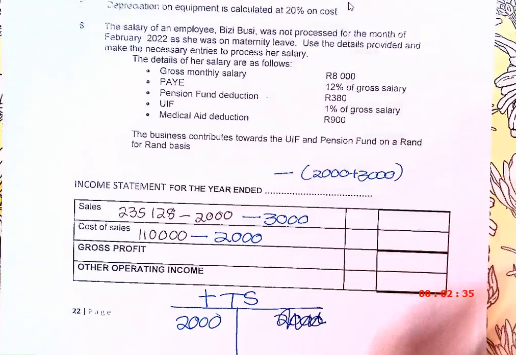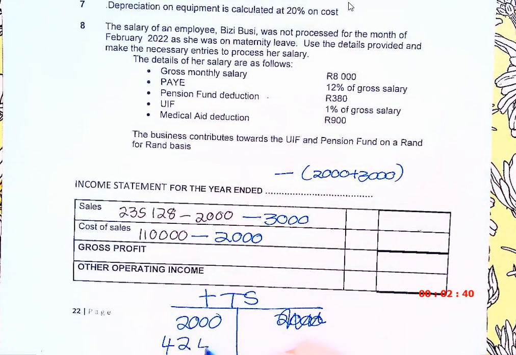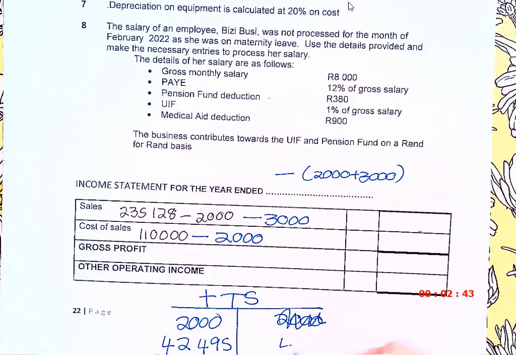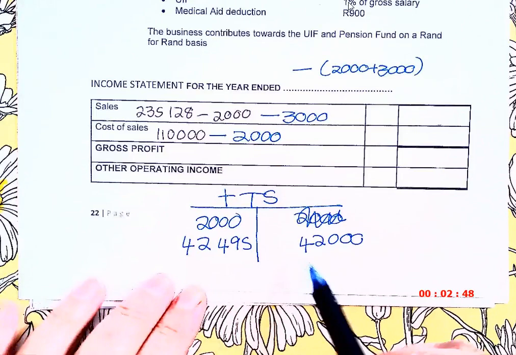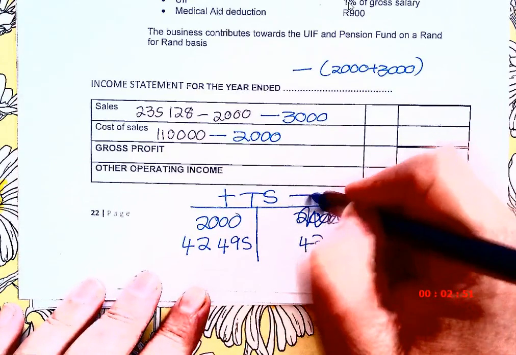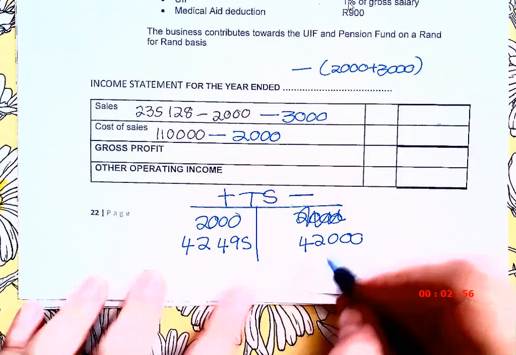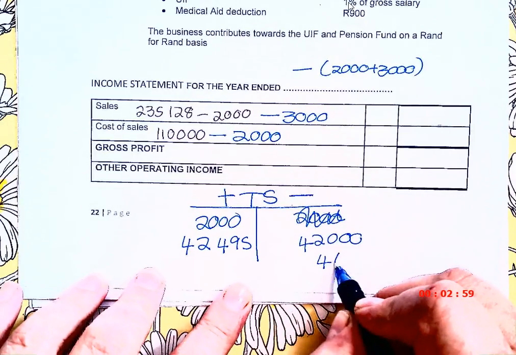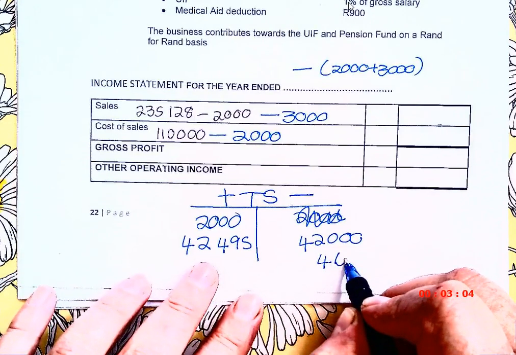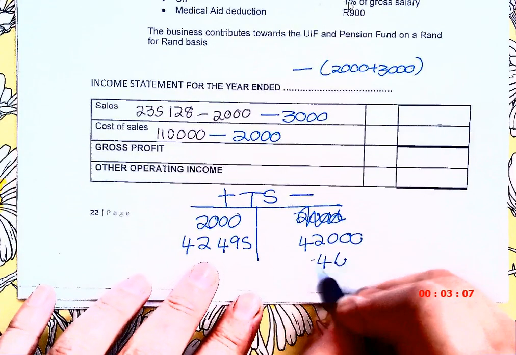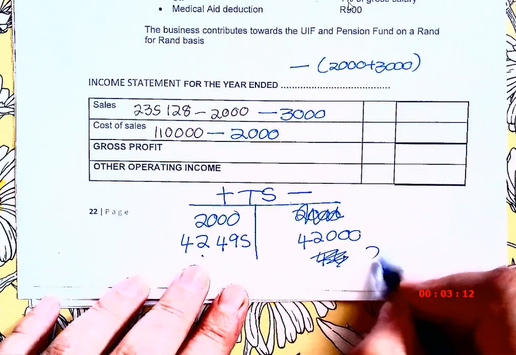I see my trading stock has got an opening balance of 42,495, and now the stock take is 42,000. Obviously I can see that the minus side is short. How much is the minus side short? It's 2,495.